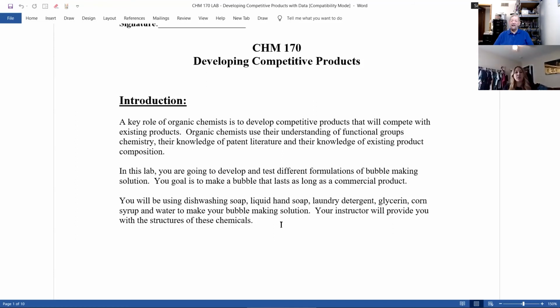And what are polyhydroxy compounds? Well, glycerin is one you can get your hands on, and corn syrup. Also, later on, I changed the corn syrup, I didn't do it on here, to starch you make in water.